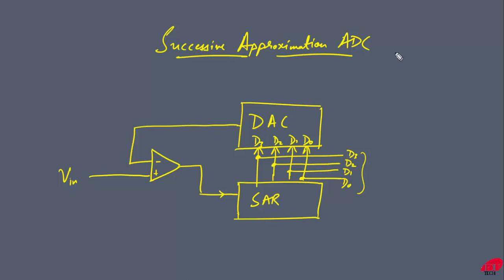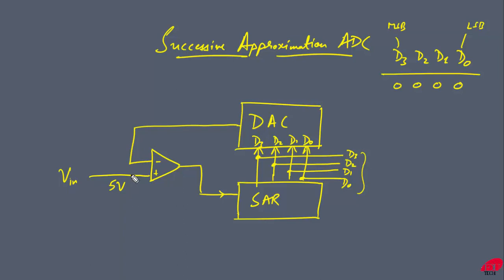As this is a 4-bit ADC, there will be D3, D2, D1 and D0 in the output, where D3 is the MSB and D0 is the LSB. So let us see how this works. In the initial stage the output would be 0. Now when you provide an input voltage, let us consider 5 volt as input.